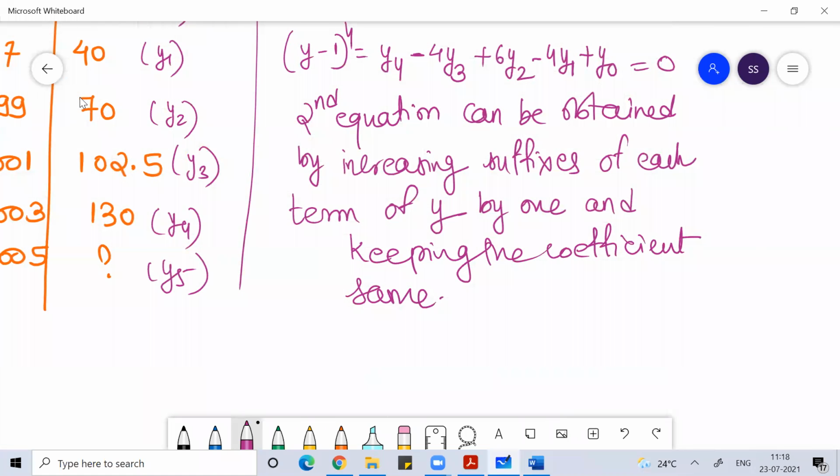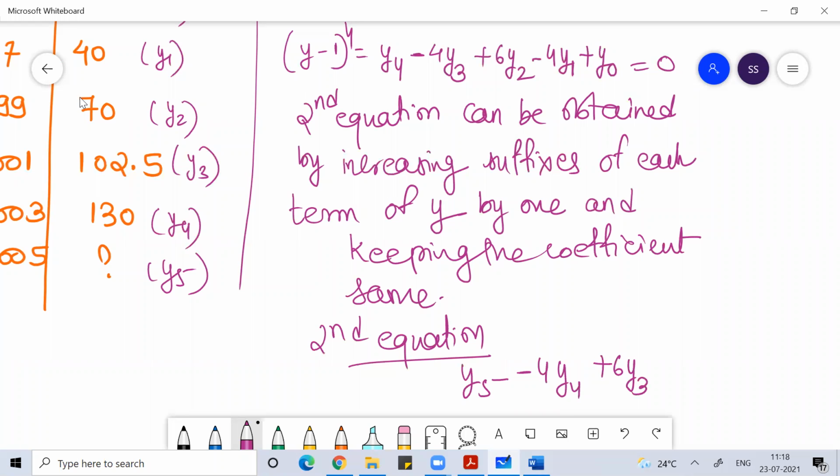So the second equation is simply the same equation, only in place of y4 write y5, in place of y3 write y4. Increase the suffix by 1. So y5 minus 4y4 plus 6y3 minus 4y2 plus y1 equal to 0. This is your second equation.